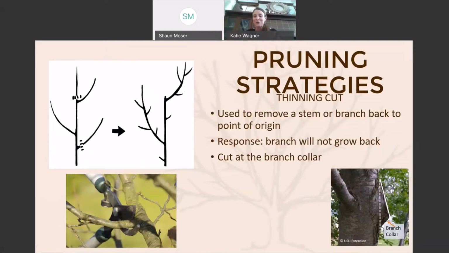However, I know there are people attending today that have very large fruit trees in their yards, or they know somebody who does, and they want to know if they can prune those back to more of the structure and form that we're discussing today.